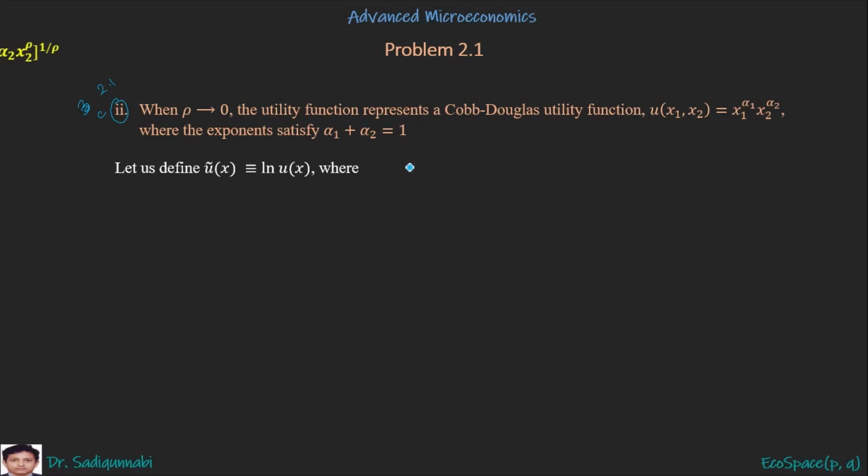So let's define u curl of x as the natural log of u(x). From the reminder equation we get this one.